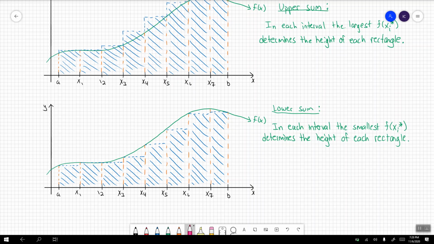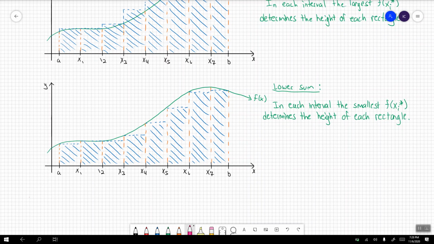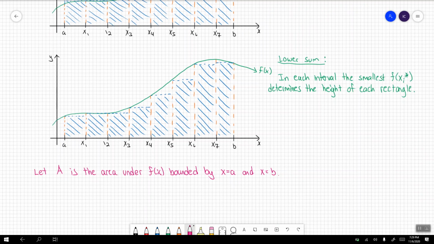Well, if we consider A to be the area under f of x that is bounded by x is equal to a and x is equal to b, then the lower sum creates a lower bound for the area, and the upper bound is created by the upper sums.